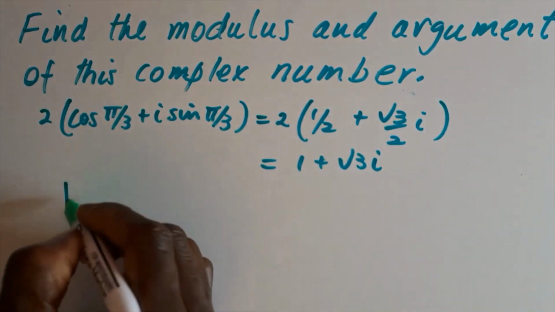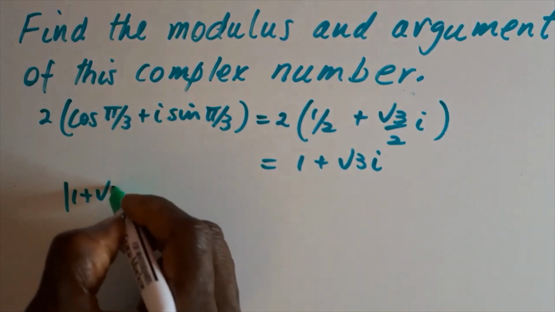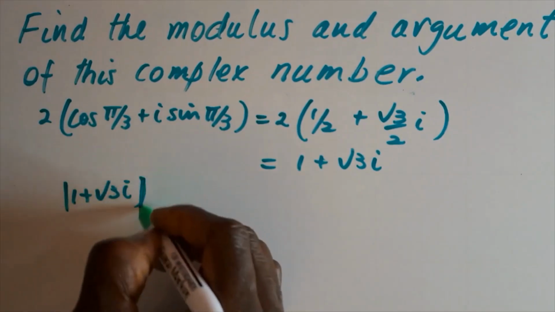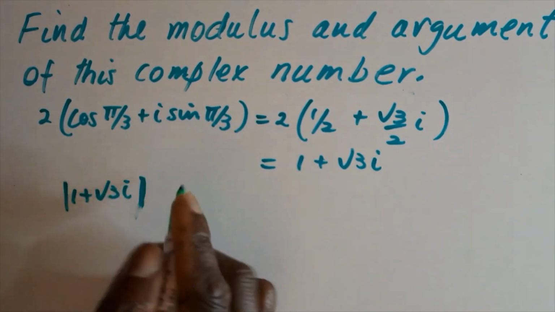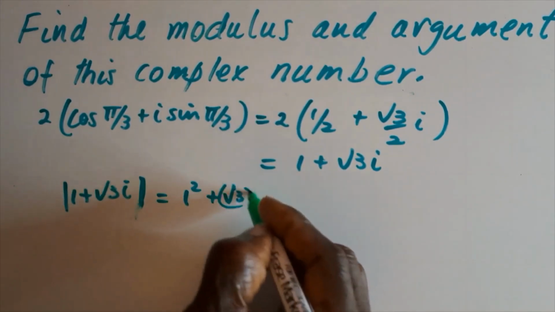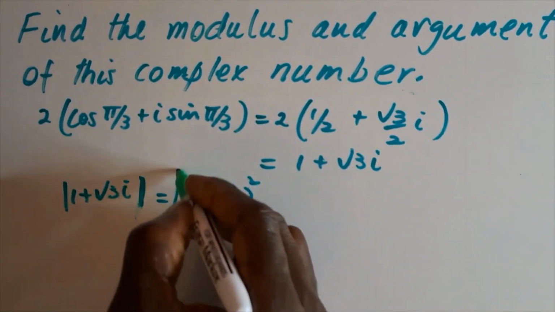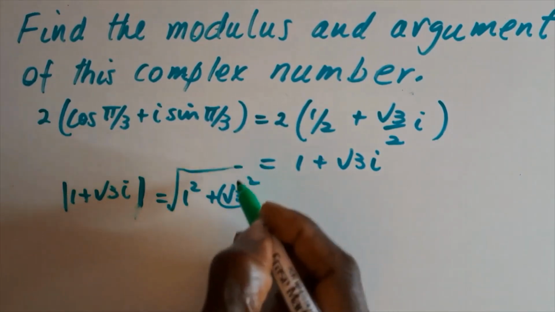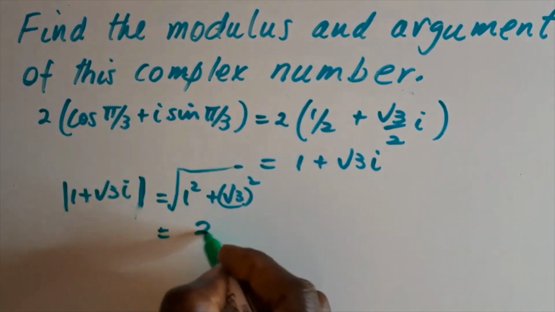The modulus of this, 1 + root 3 i, is equal to the square root of 1 squared + root 3 squared, which gives us 2.